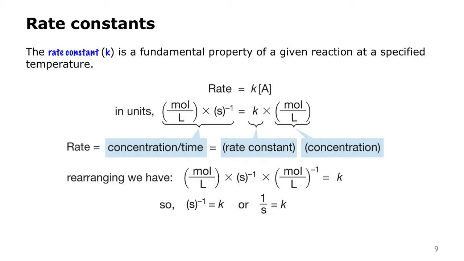The units of that rate constant are dependent on the form of the equation. And you can see in this equation, we typically express rates in terms of molarity per second. And so the rate constant would have the corresponding units to make the rate come out with the proper units.